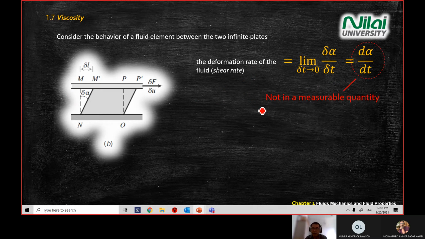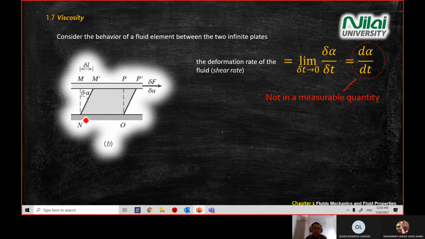Okay, and because alpha is very hard to measure in a real case, we only know that there's an angle happening, but in real life, it's very hard to monitor. So we need to change this alpha to measurable data, for example, the length here and the height here.